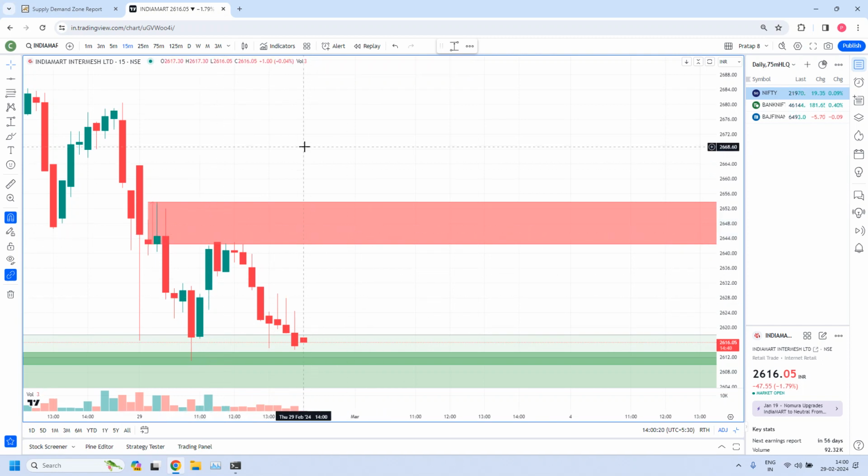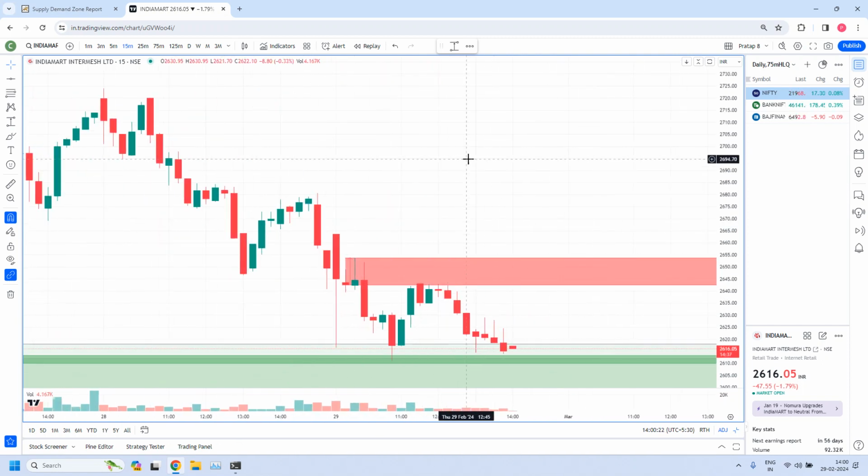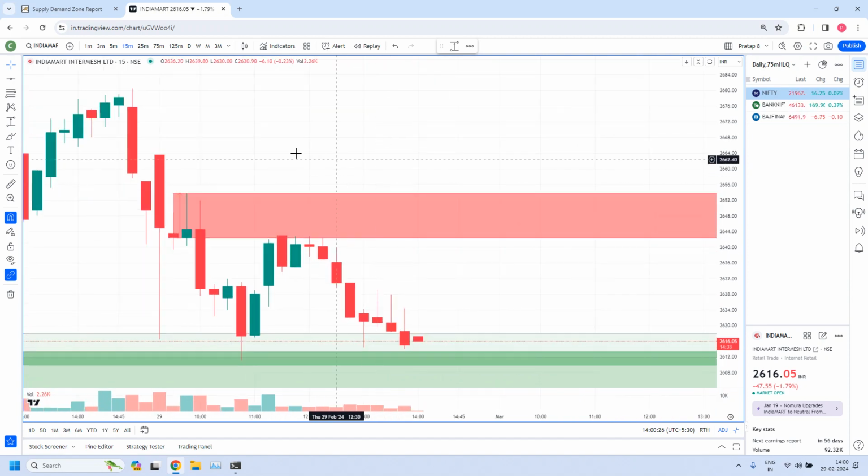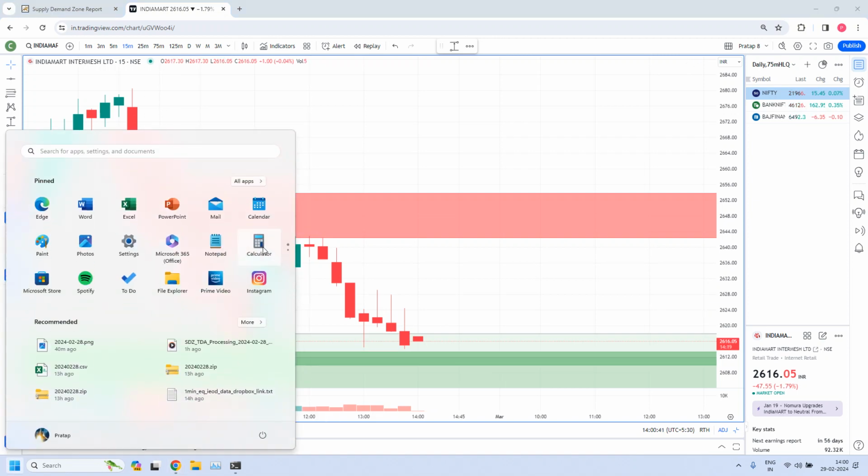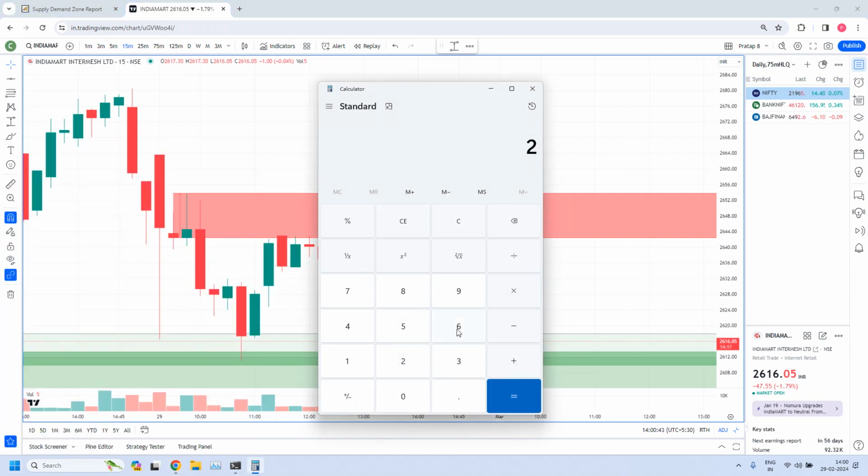How much profit would you have got? Let us analyze. Why not? Why can't we do this? This is the close of this candle, 2642.50, minus the entry.